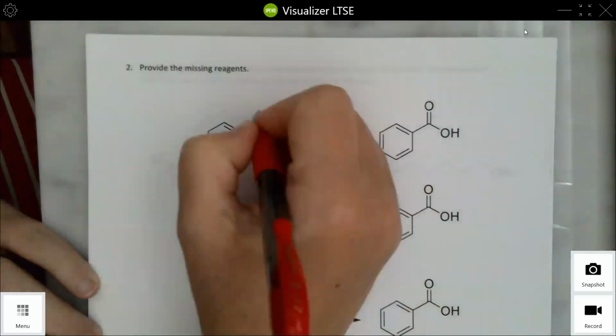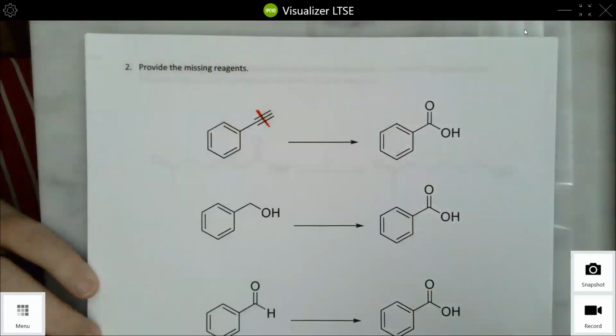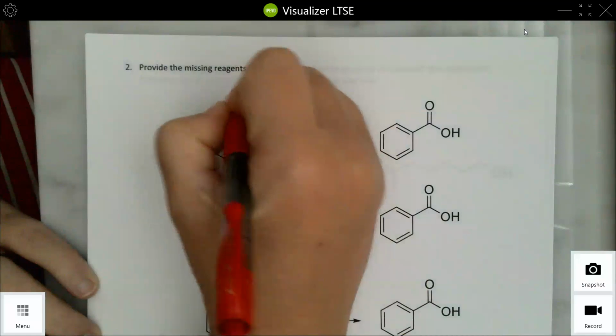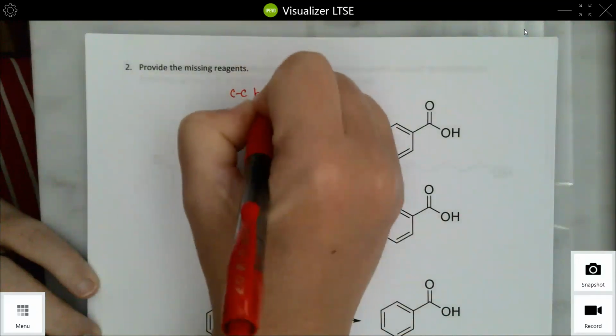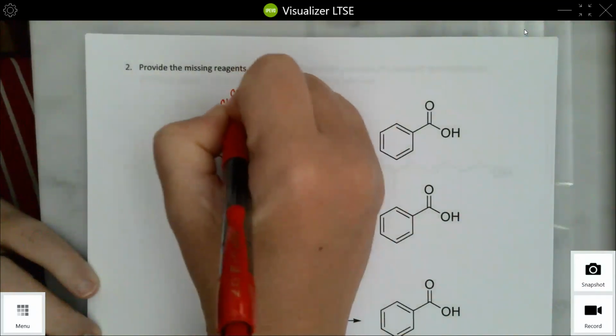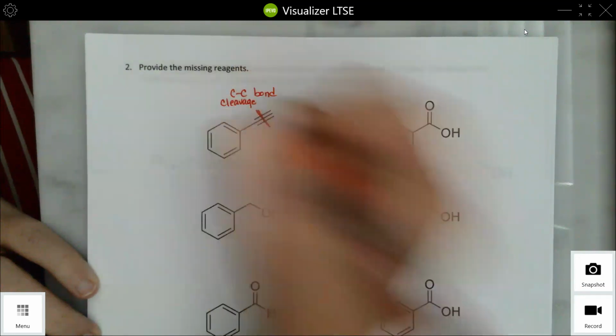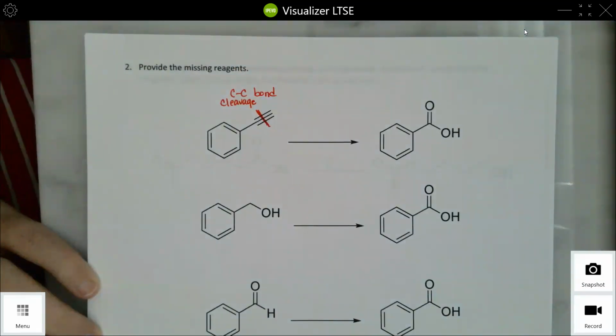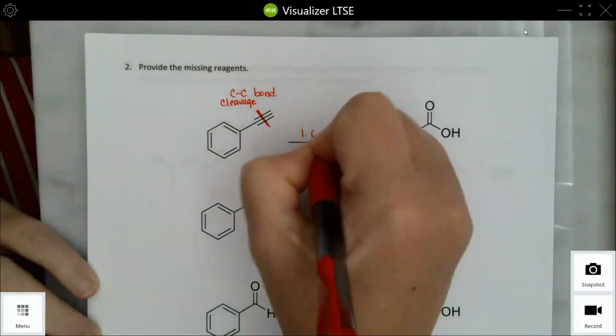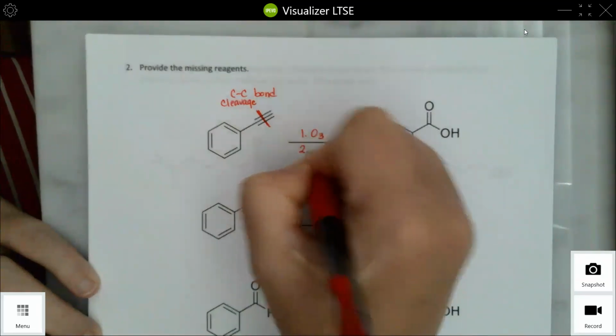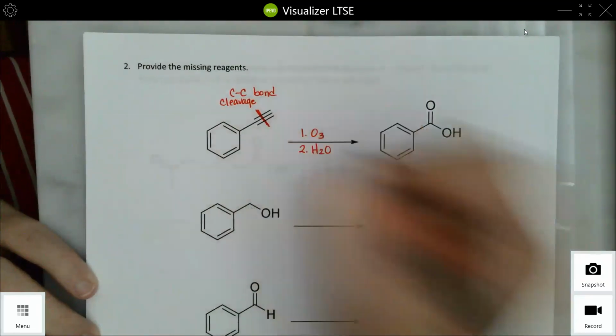So we're actually doing a carbon-carbon bond cleavage reaction. And we do that through ozonolysis. So for an alkyne, we would use ozone and then just an aqueous workup.